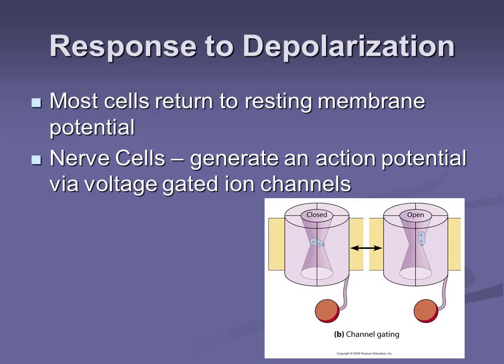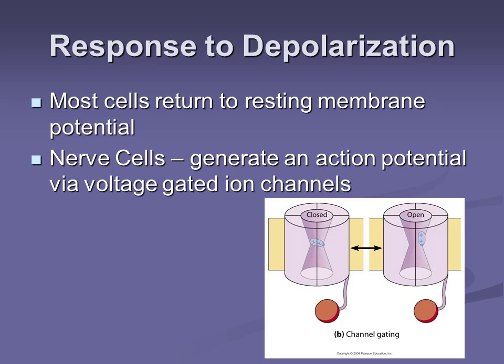Now, if our membrane potential is becoming more positive, what must we be doing? We're depolarizing, but how are we making it happen? If we have a positive membrane potential, what do we have more of on the inside now? Positive ions. So if we want to make the inside of the cell more positive, we can't get rid of the negative charges that are already there.